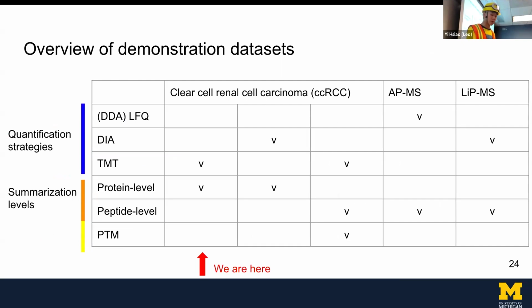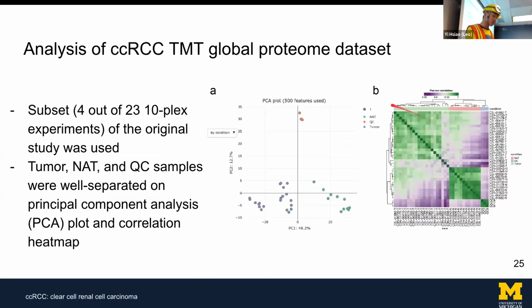It's still a global proteome quantification, collected in the TMT data. We just chose a subset as a demonstration, around 4 out of 23 TMT experiments, and we put it together and did a search. After you get those reports, we annotate the experimental annotation a little bit, and we can submit to FragPipe-Analyst.